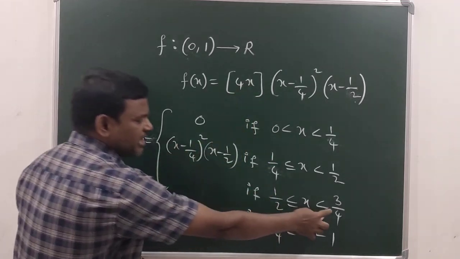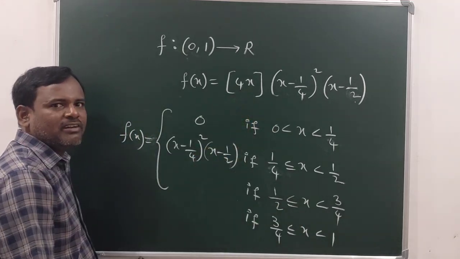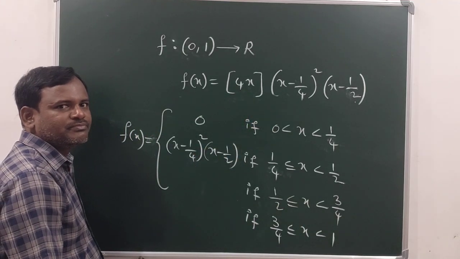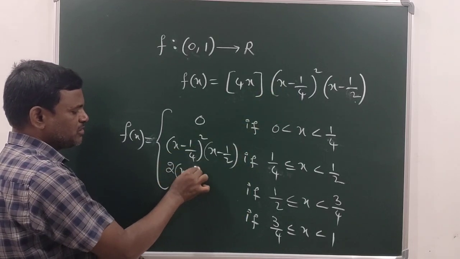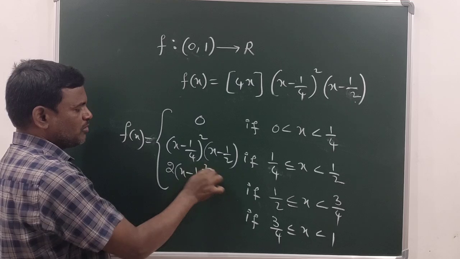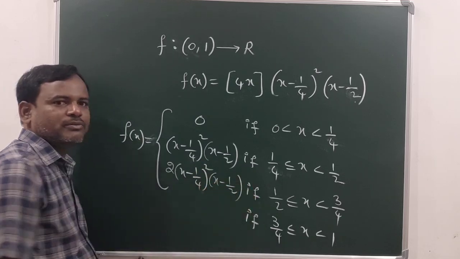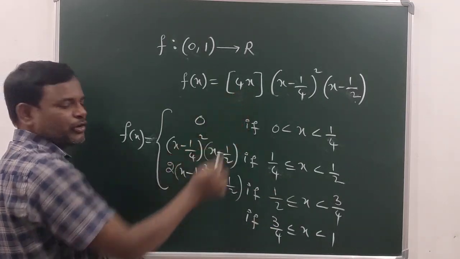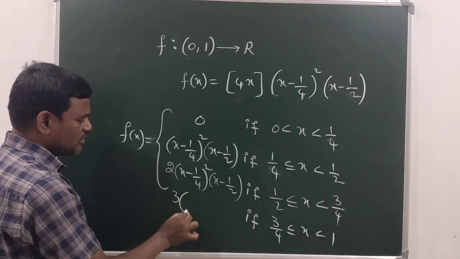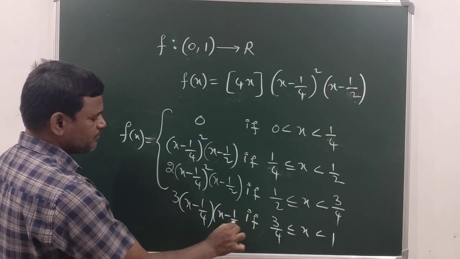Not only this, any value in this interval gives the value 2. So 2 into (x minus 1 by 4) whole square into (x minus 1 by 2). And in the last interval, any value gives 3, so 3 into (x minus 1 by 4) whole square into (x minus 1 by 2).